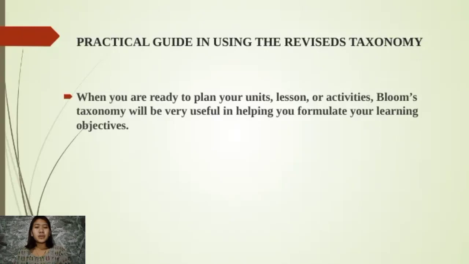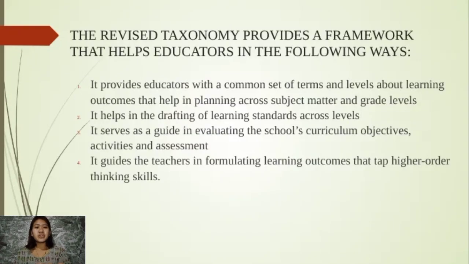Now let's talk about the uses of the revised taxonomy. The revised taxonomy provides a framework that helps educators in the following ways. One, it provides educators with a common set of terms and levels about learning outcomes that help in planning across subject matter and grade levels.